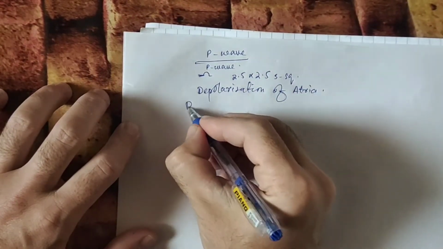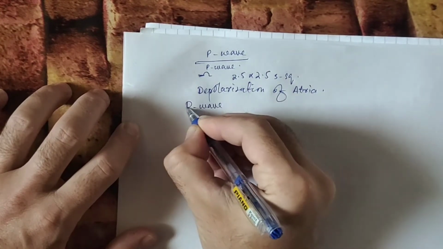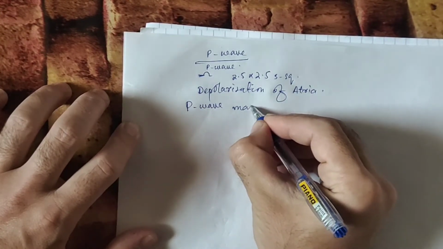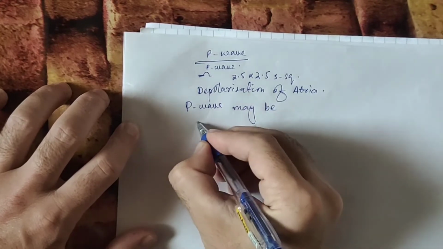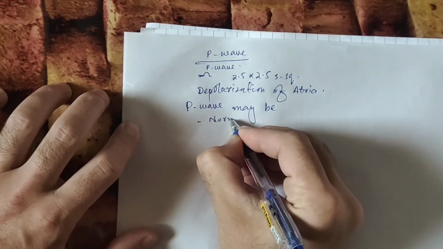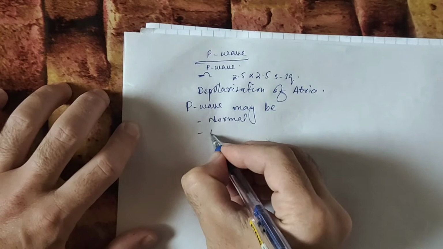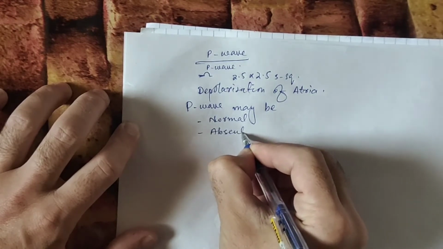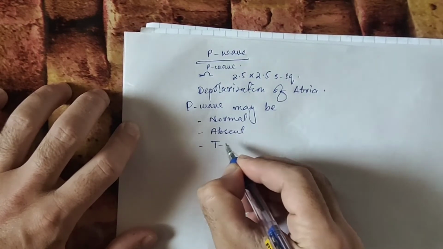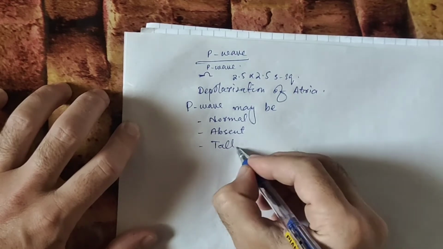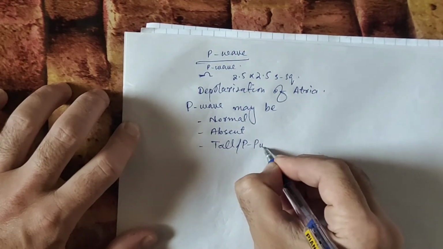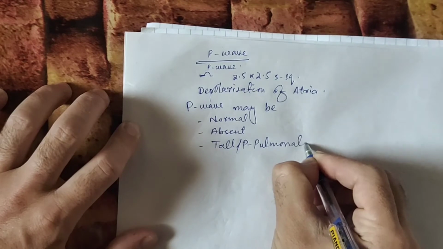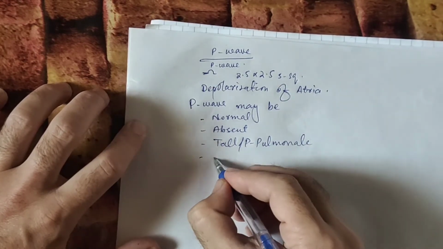So the P-wave may be normal, or absent, or tall, which is P-pulmonale, or wide.